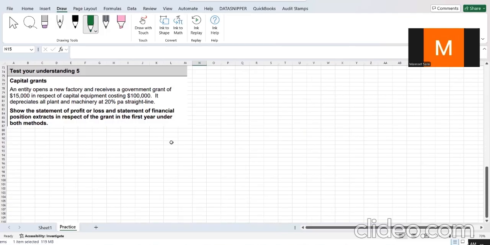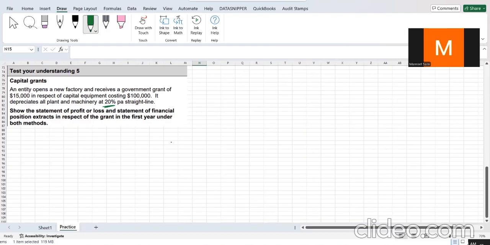Moving on to the next question. An entity opens a new factory and receives a government grant of 15,000 in respect of capital equipment costing 100,000, right? And it depreciates all plant and machinery at 20% straight line method.